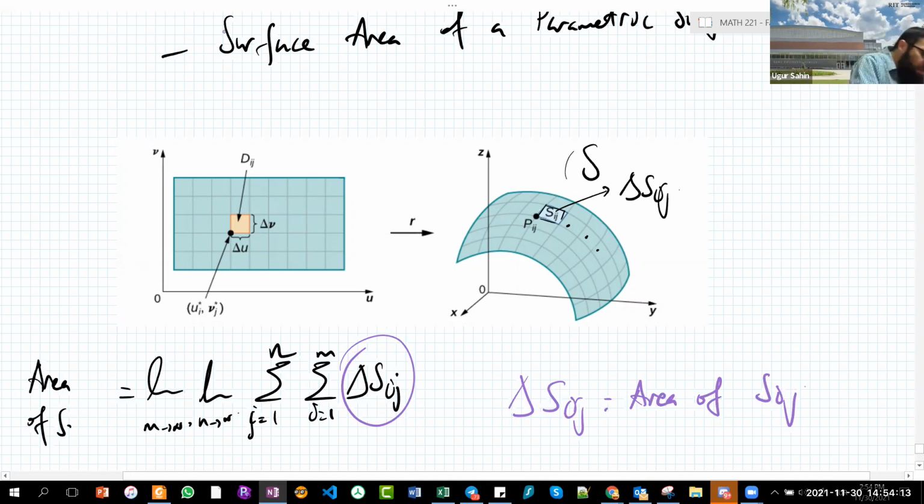But now, as you see, guys, this area is not going to be a rectangle most of the time. Since it is on the surface, it has some slope depending on what it is.